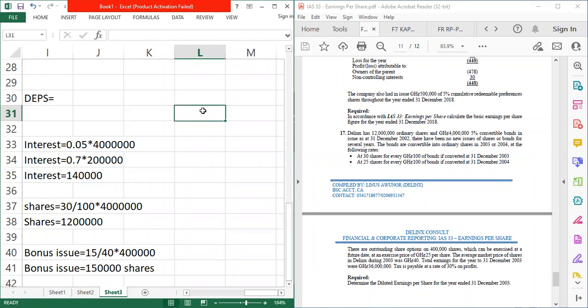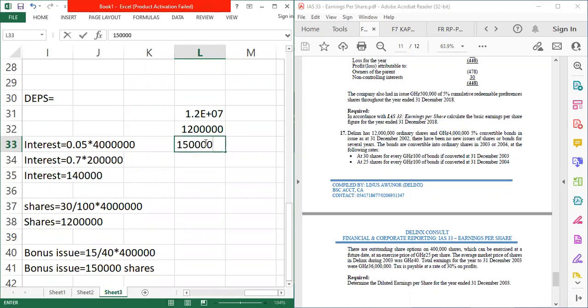The shares that they have at the beginning is 12 million, isn't it? Yes. And this will increase by the shares from the convertible instrument, which is 1,200,000. And we are also doing bonus issue of 150,000.